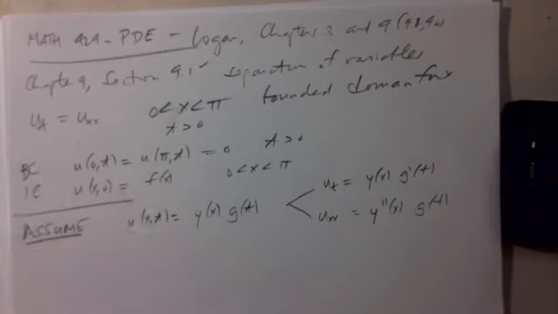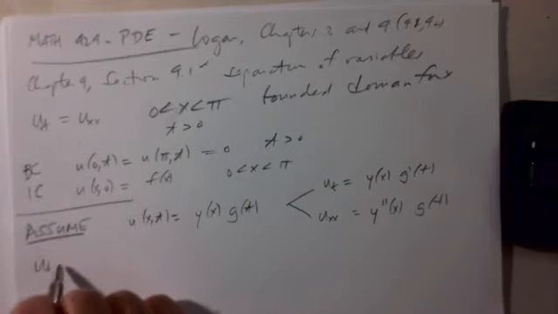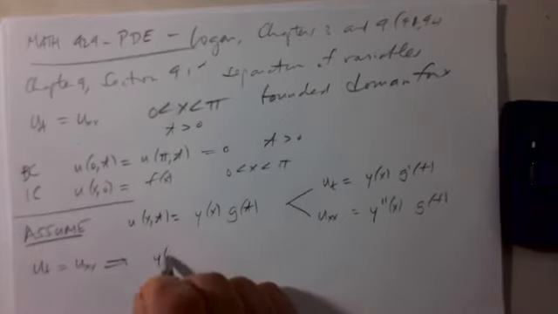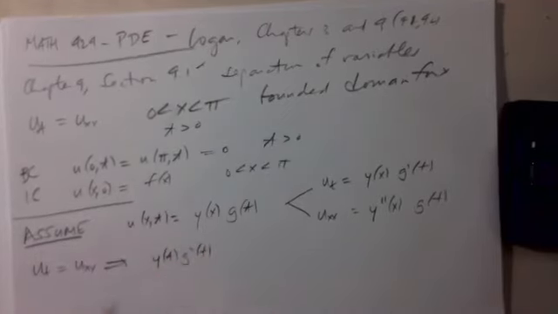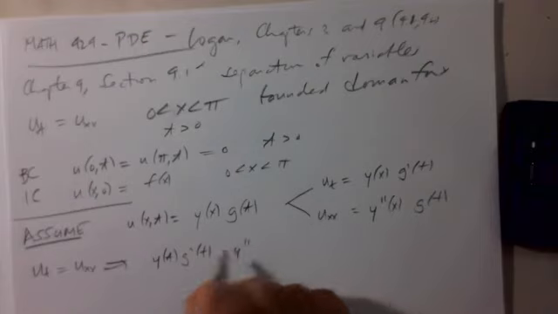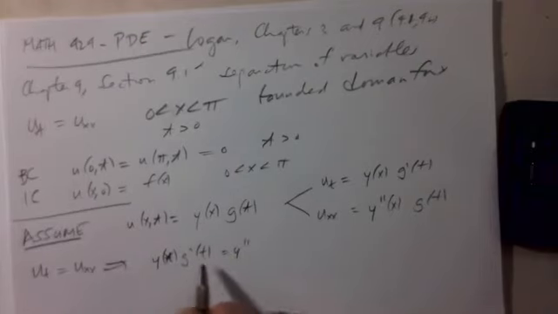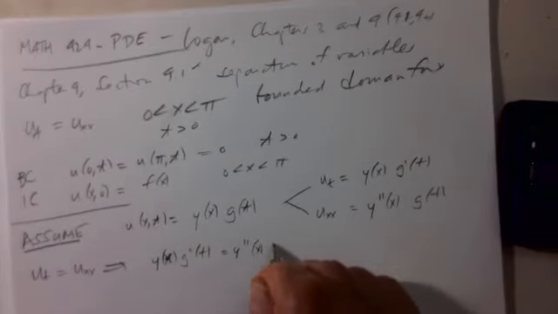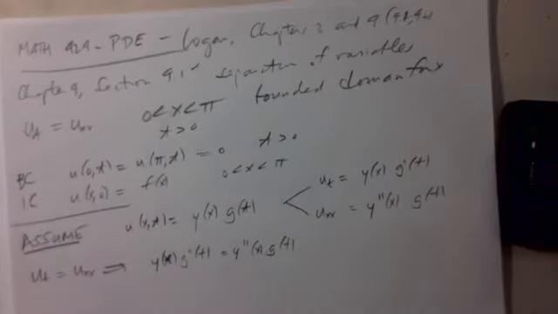So our differential equation, u sub t equals u sub xx, becomes y of x g prime of t equals y double prime of x g of t.